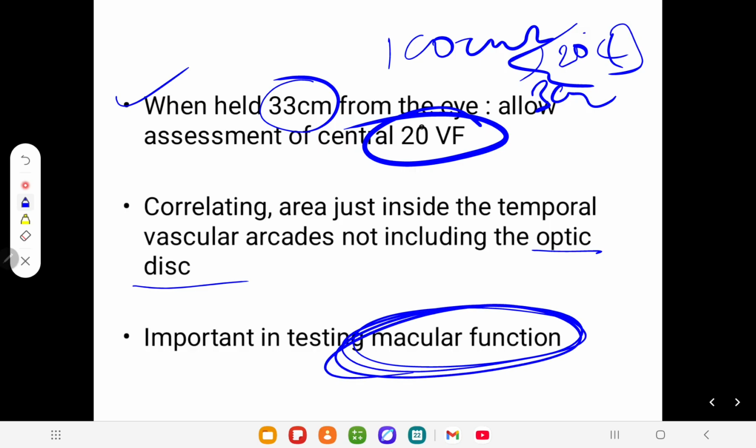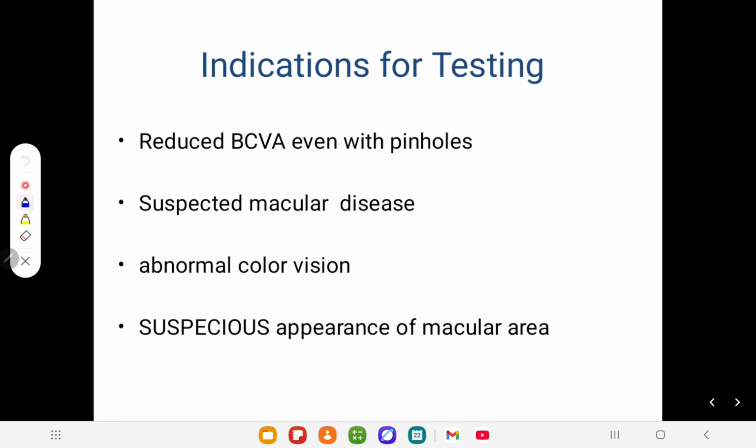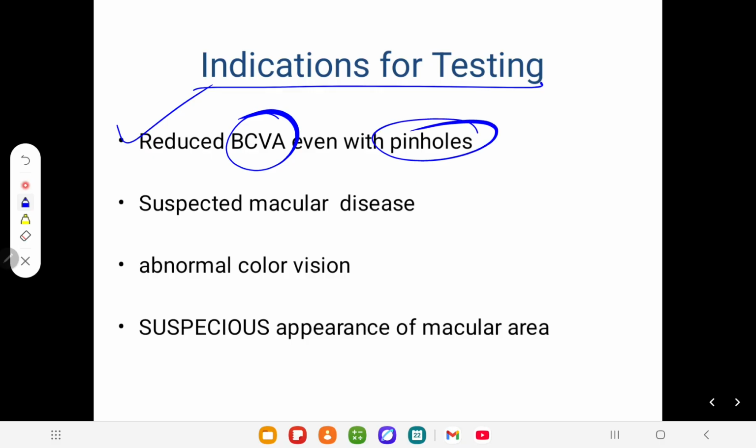I'll make another video on macular function tests, but today we are going to discuss the Amsler grid in detail. Indications for testing: reduced best corrected visual acuity even with the pinhole, where we always suspect media opacity, macular changes or optic nerve head changes.